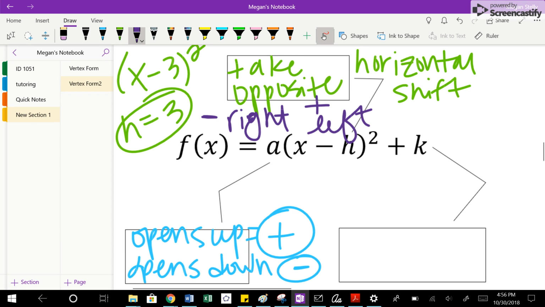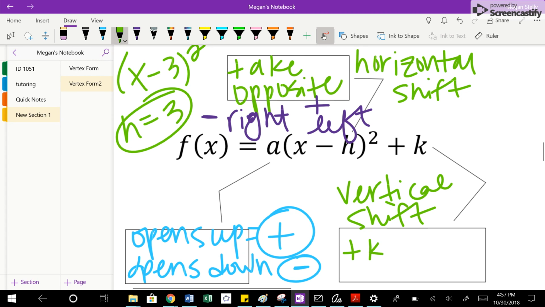Taking the opposite. k, however, is our vertical shift. And k, we can leave it alone. So if it is a plus k, it moves up. If it is a minus k, it moves down.